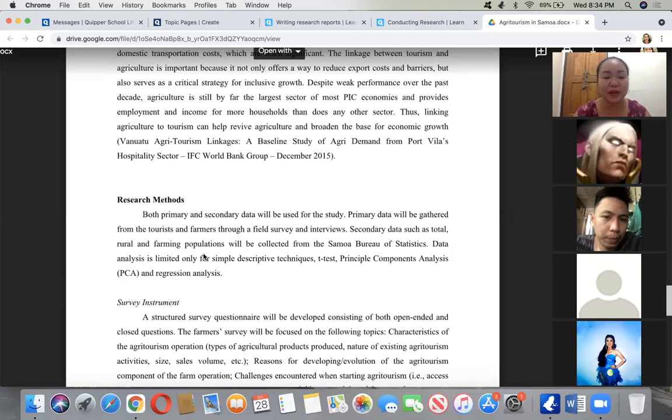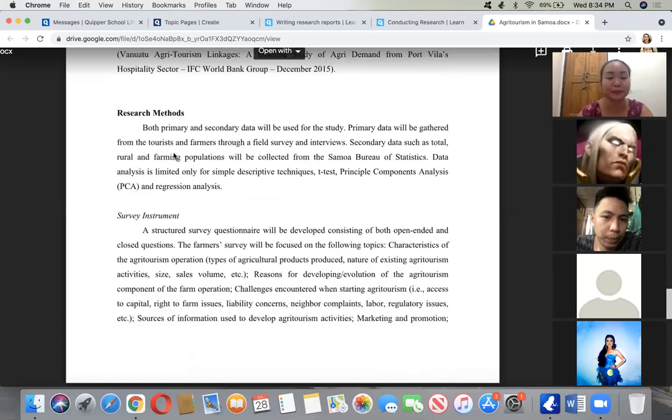And also under research methods, as I have said last time, we're going to make use of primary and secondary data, which means that primary data belongs to the interviews that you're going to conduct by yourselves. And secondary data are the data that you're going to research from different books, internet, and other sources.